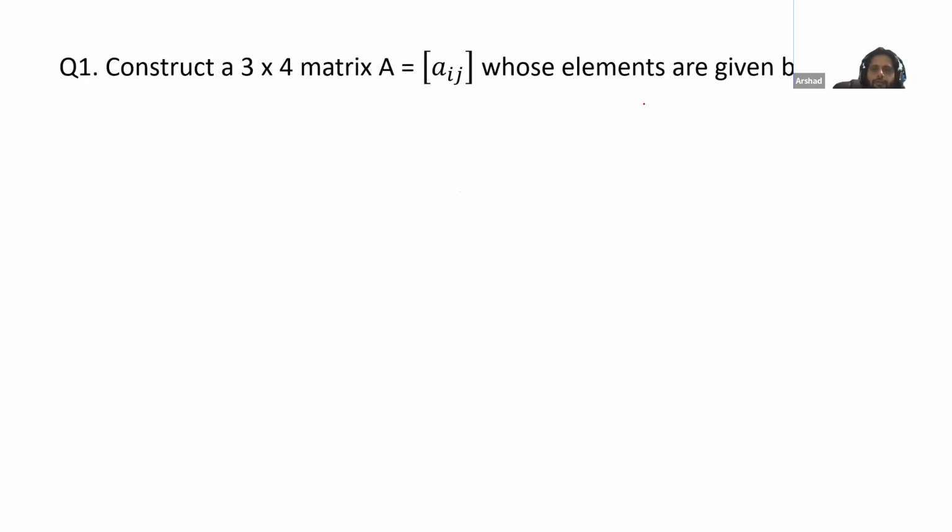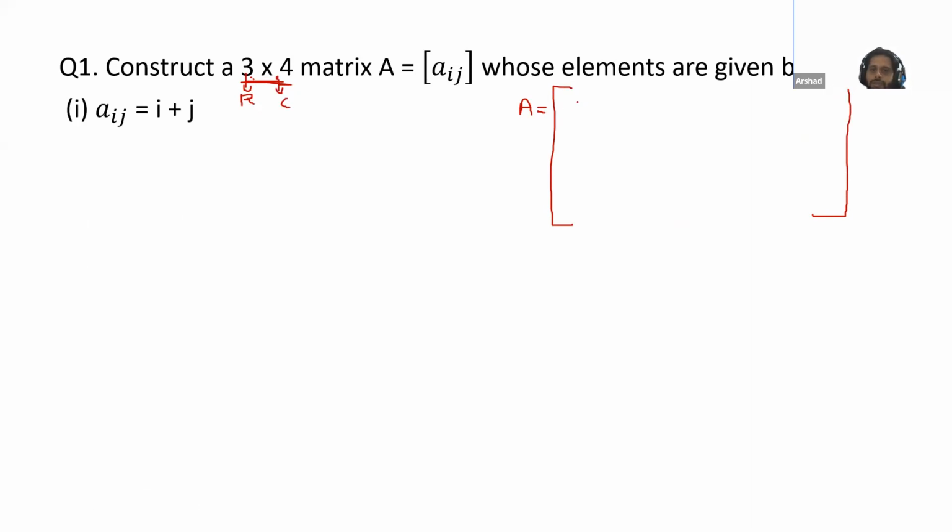Next, we have this question. Construct a 3 by 4 matrix. So first, can you tell me how many rows are there in this matrix? Okay, total elements are 12. That's fine. But rows are 3, columns are 4.